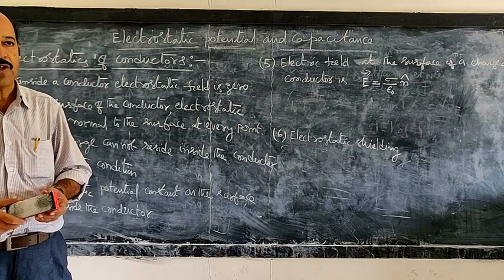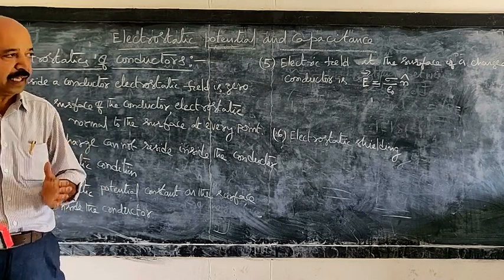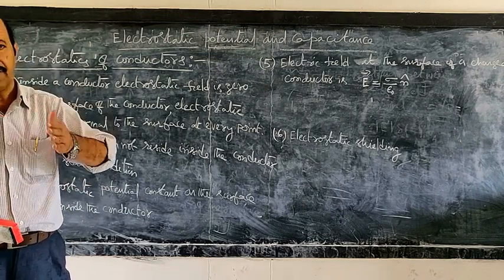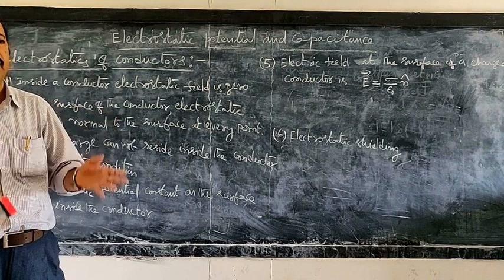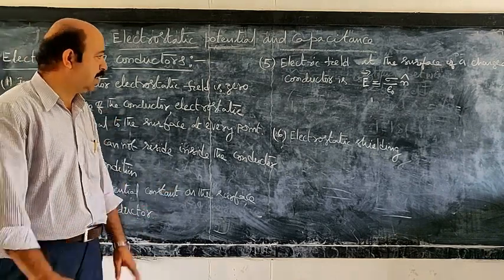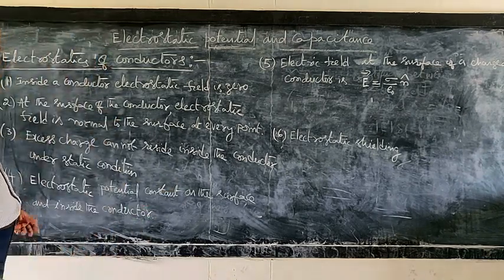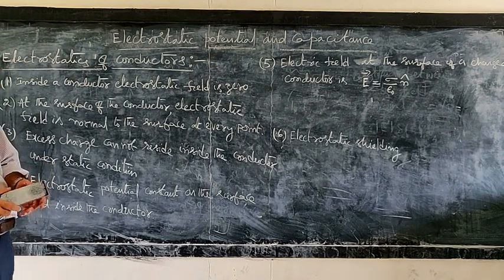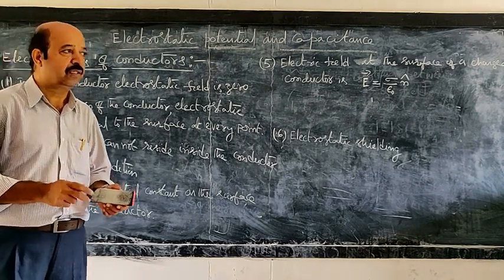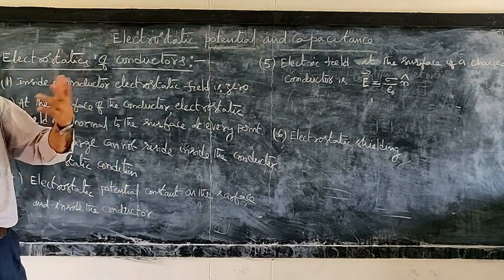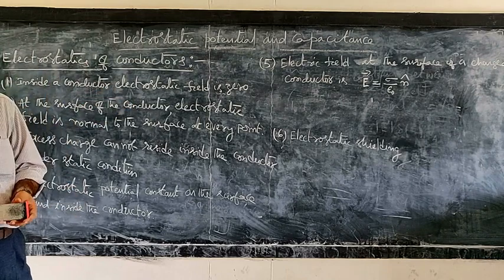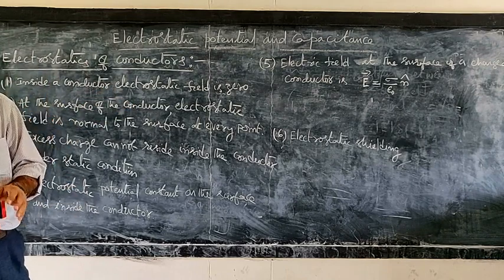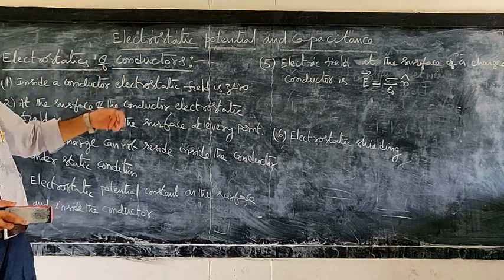Then if you give any excess charge to the conductor, that charge must reside only on the surface. It cannot reside inside.